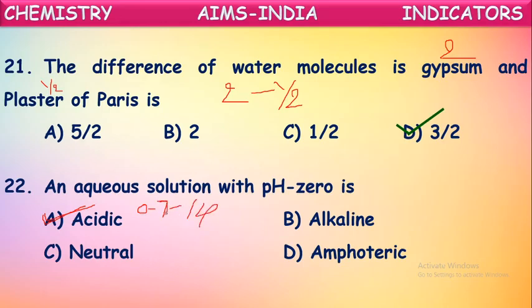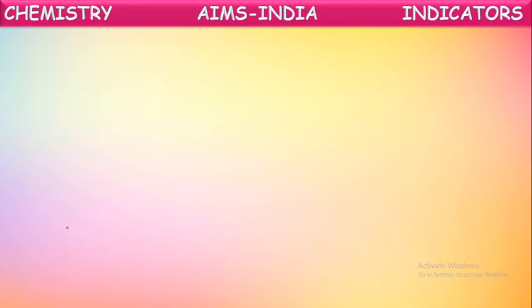The solutions with pH value exactly 7 are neutral substances. Not neutral, it is acidic. Neutral means the pH value should be 7. The pH value is given 0, so they are acidic solutions.